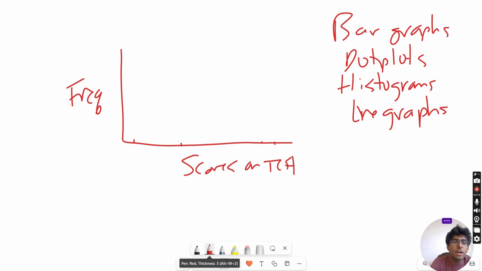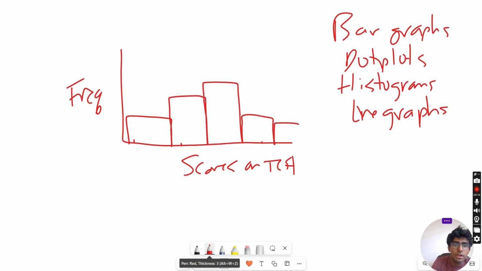So let's say we're going to have this bar, and then this bar, and then this bar, this bar, and this bar. They would have the same horizontal length for the bars. I tried to make it as good as possible, but I feel like I still messed up a little bit. But pretend these have the same length.